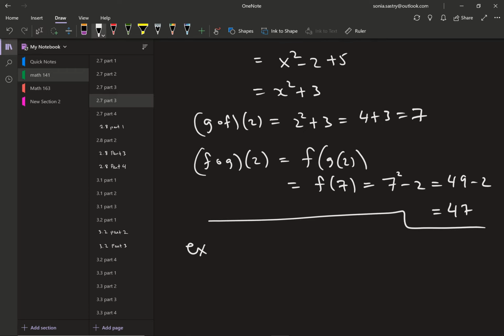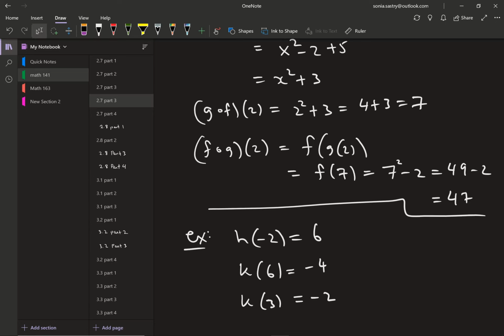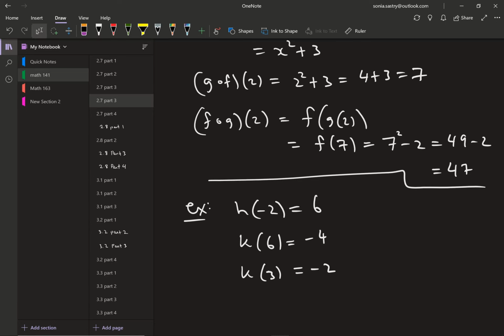Okay, so that was the exercise from last time. Let's do another example that's just a bit different. So suppose we have a function h where h of negative 2 is 6, k of 6 is minus 4, and k of 3 is minus 2. And we want to compute two things.